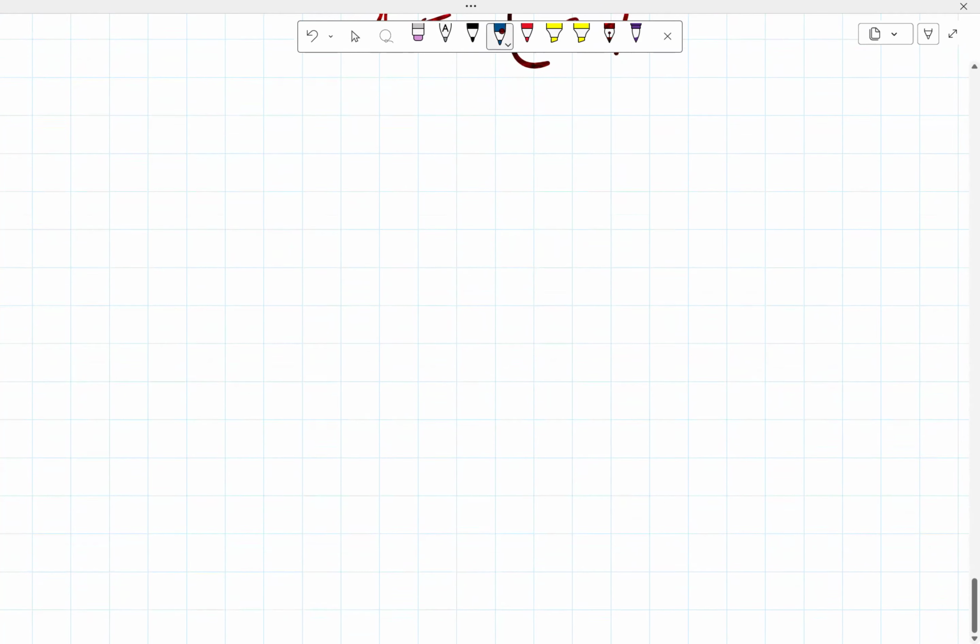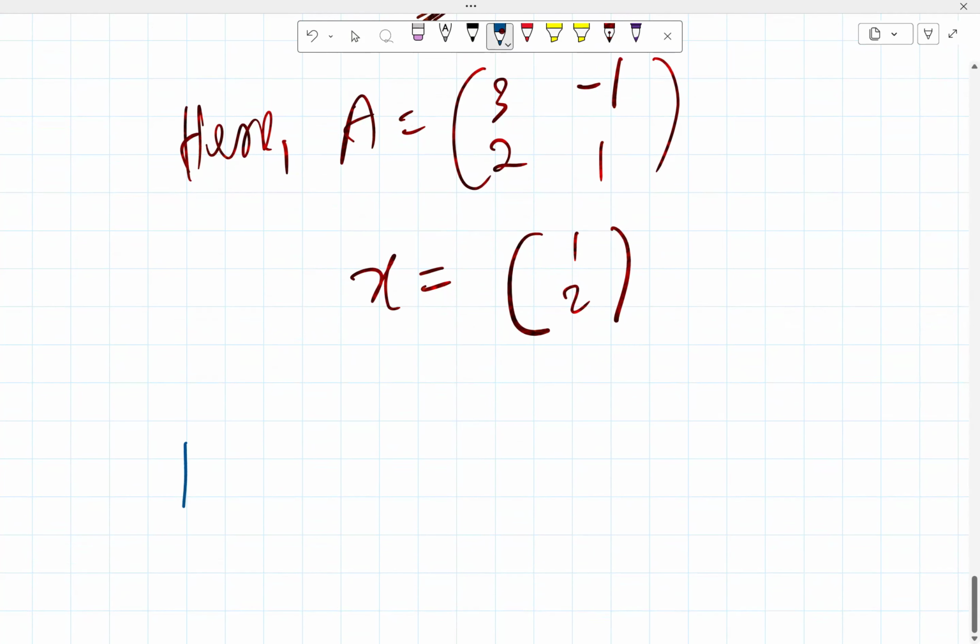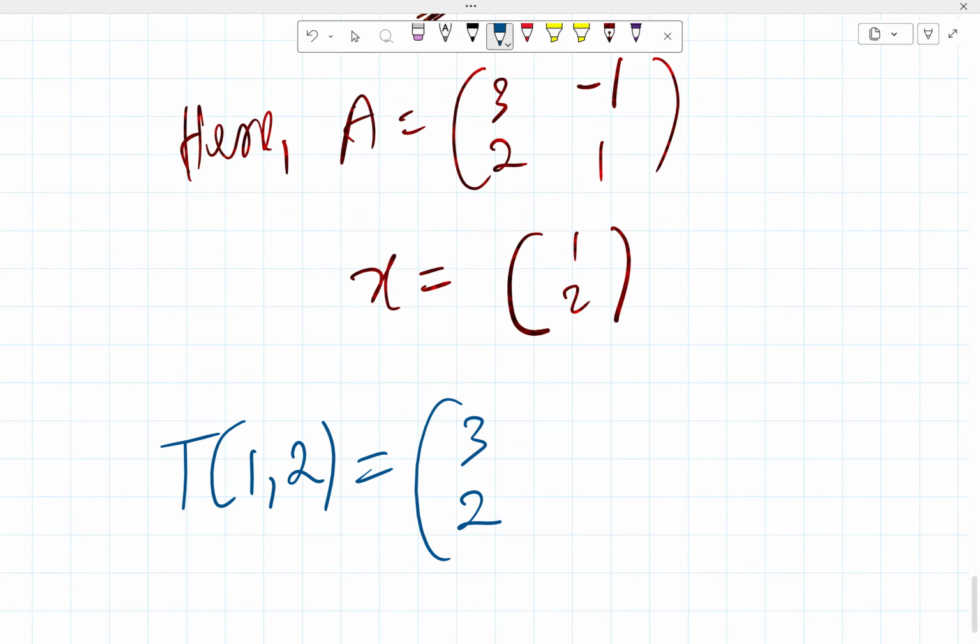So T of (1, 2) is equal to A, which is [3 minus 1; 2 1], multiplied by (1, 2).